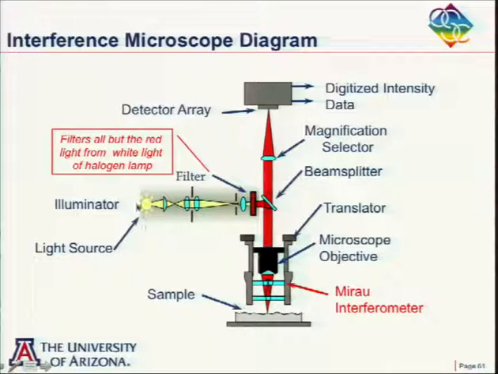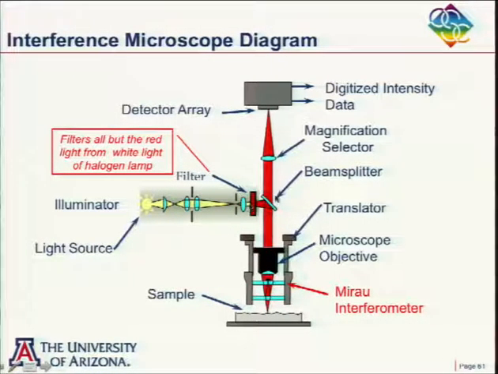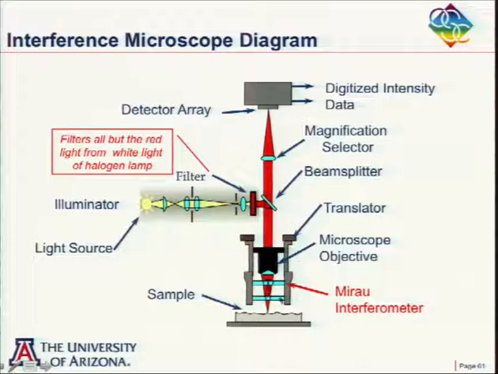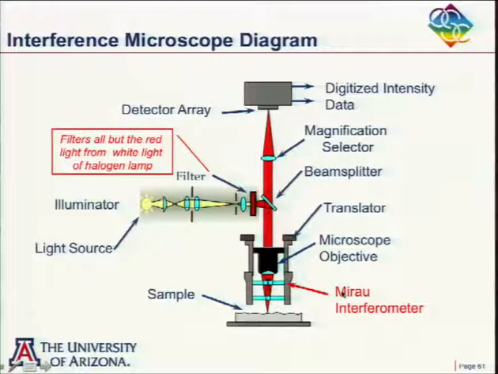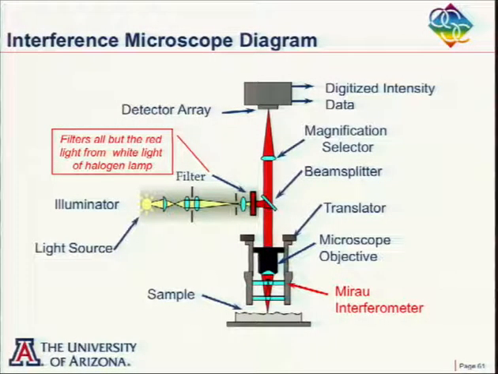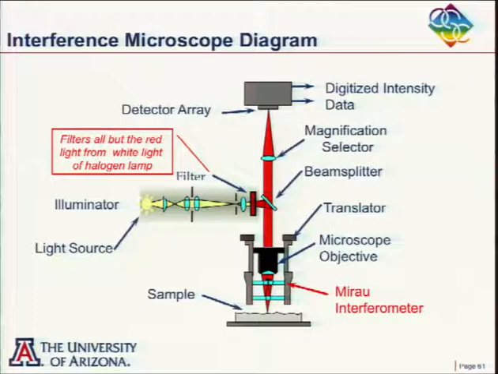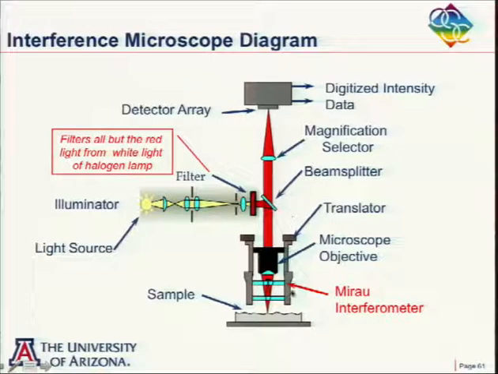The source here, well, it might be a tungsten halogen bulb, or more likely now is LEDs. And then we're going to have some type of interference objective down here. And we've talked a little bit about the Mirau, but after last time I talked about Mirau after class, a few people came up to me with questions on the Mirau, so I'll talk about the Mirau again. And then we're also going to talk about using a Michelson and using a Linnik down here. The translator now is just going to do moving the reference surface, and so we're just doing phase shifting.